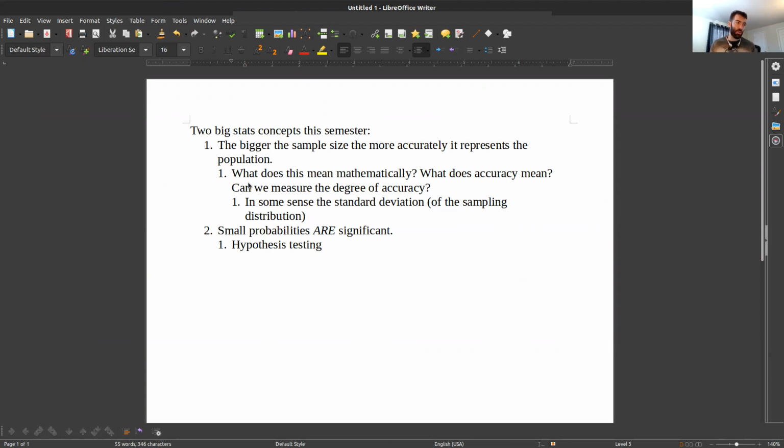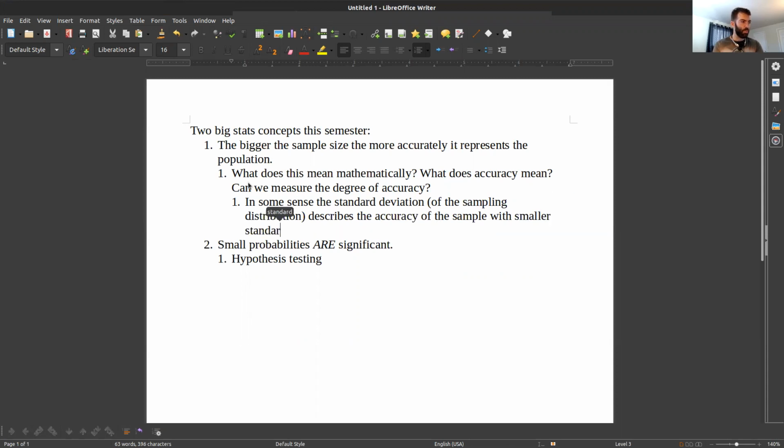Again, on the activity sheet, we worked through some exercises with that. So in some sense, the standard deviation of the sampling distribution describes the accuracy of the sample, with smaller standard deviations being more accurate.